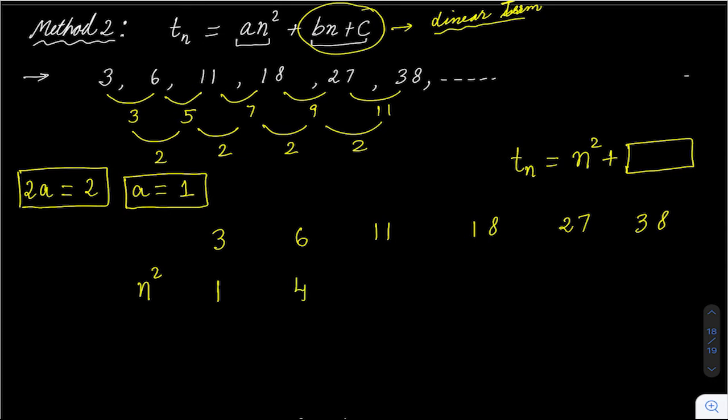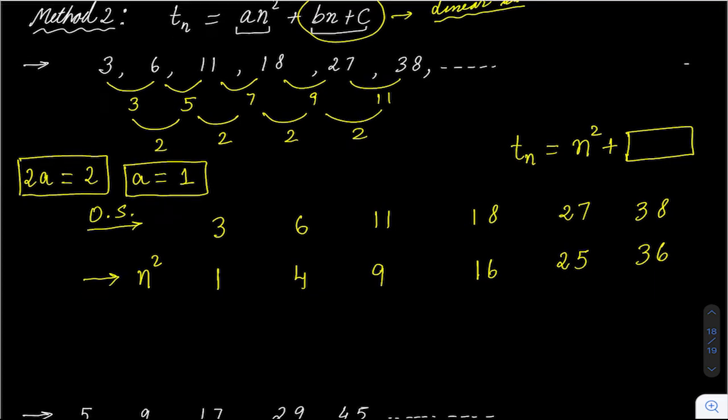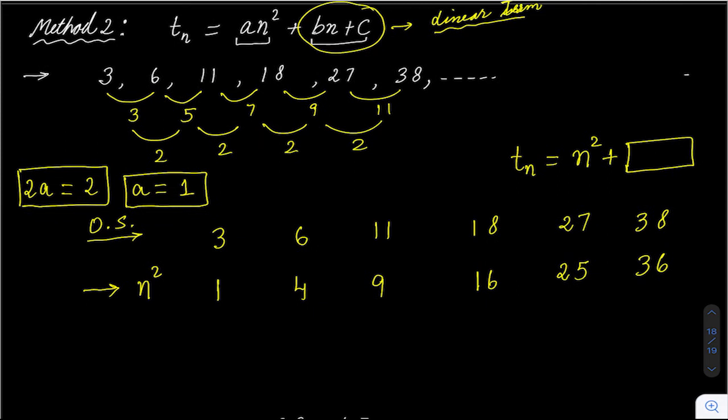If n is 2, n square is 4. If n is 3, my third term will have 9, and then 16, then 25, and then 36, and so on. I hope you understand. This is my original sequence, so I will write OS. OS means the original sequence. This is my n square term. Now you can see what the difference is here.